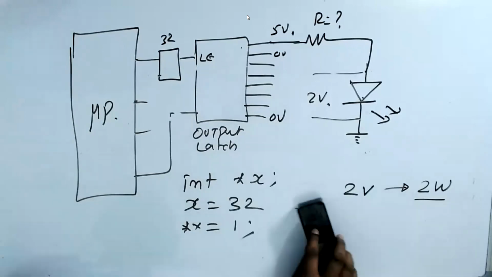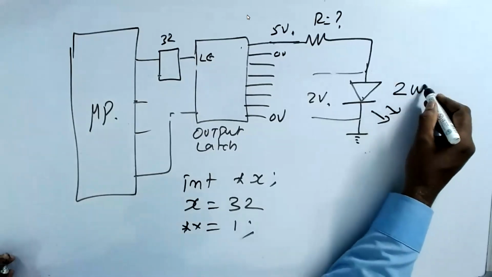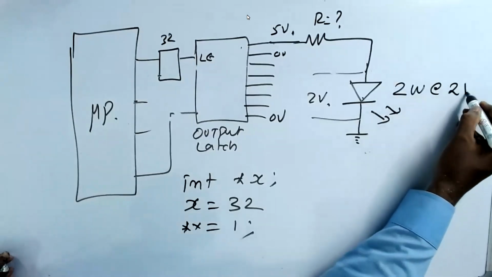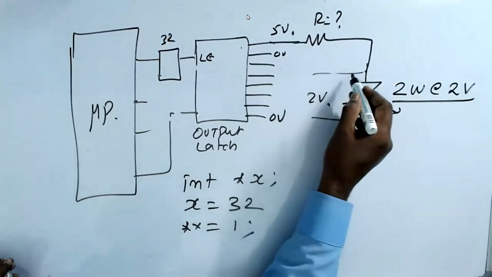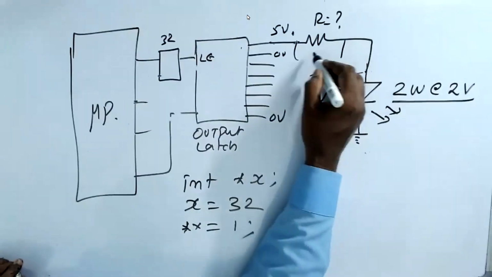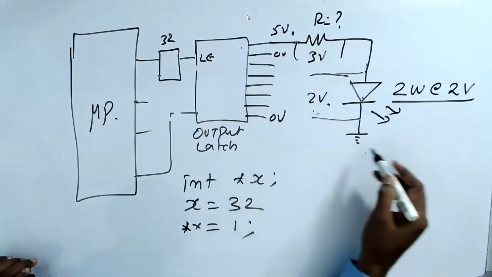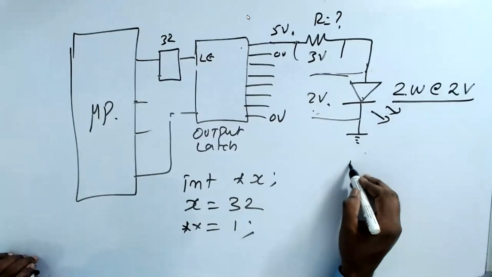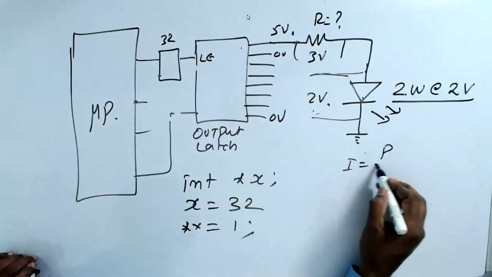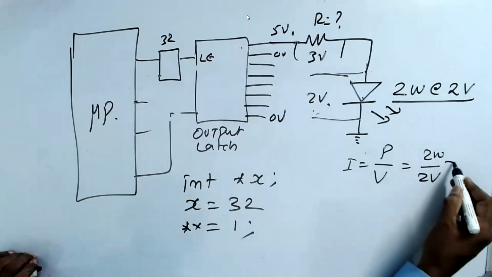That's very important. This bulb is 2 watts at 2 volts. But we are applying 2 volts now. We are assuming that the remaining 3 volts are getting dropped here. 2 volts we assume. Now the current I is equal to P by V, which is 2 watts divided by 2 volts, equal to 1 ampere.